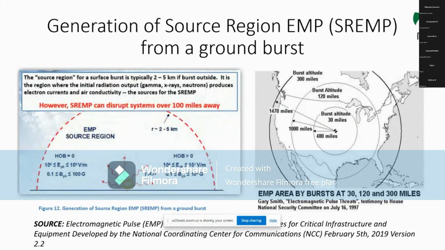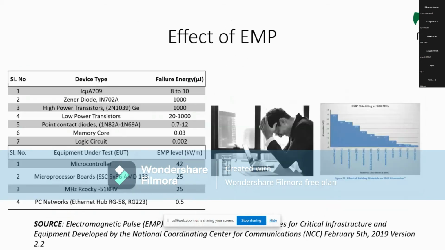This is the practical scenario I'm speaking about. Hence, the effect of high altitude EMP can be felt far away from the location of the blast. I am saying here greater than 1000 miles may get affected. You may ask me how and why. Okay, I will tell you clearly, no issue.